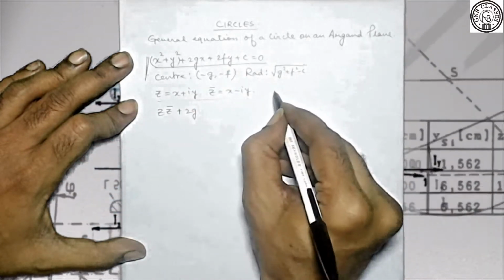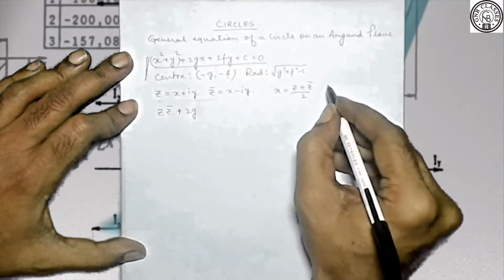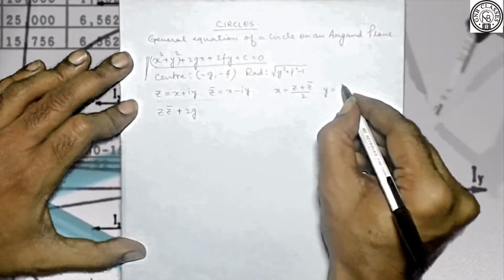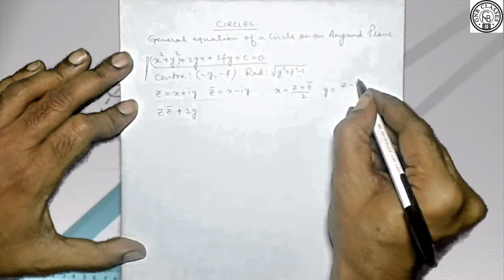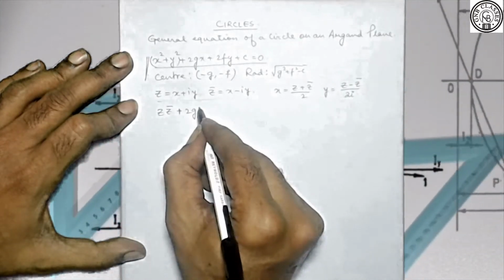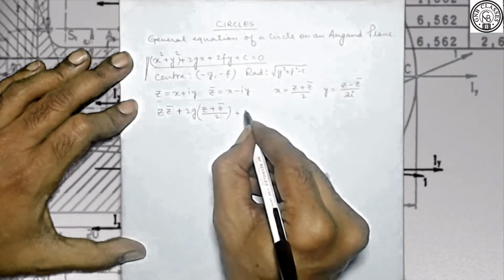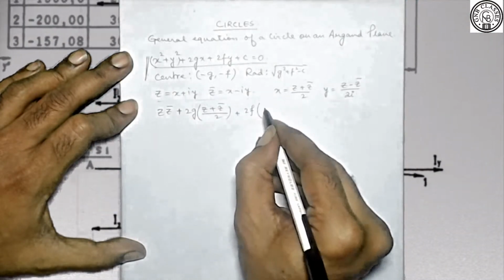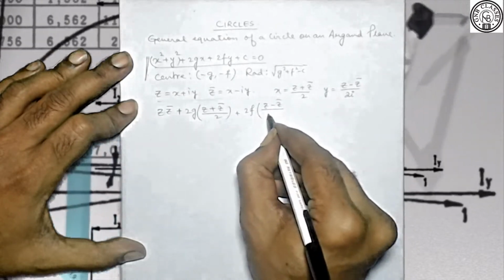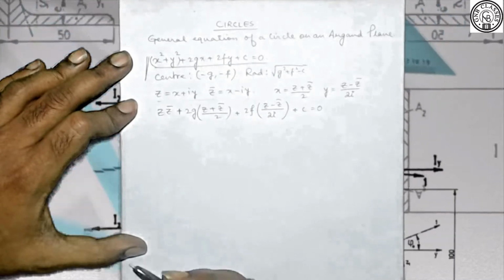What is x? X is nothing but (z plus z bar) by 2 and y is nothing but (z minus z bar) by 2 iota. Correct? So let me replace it. Is it fine?